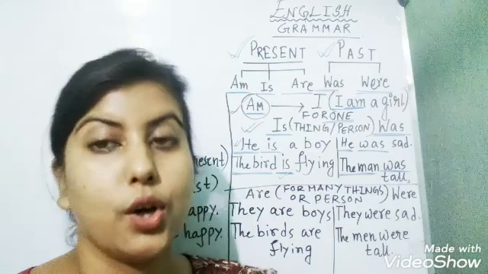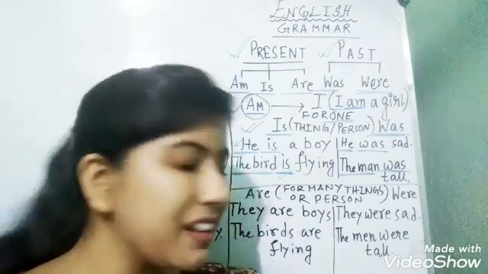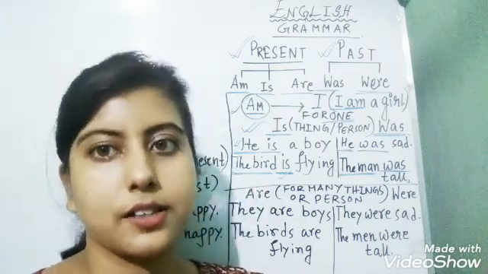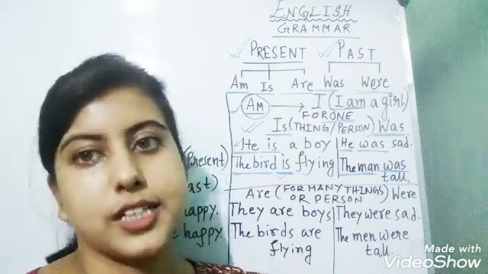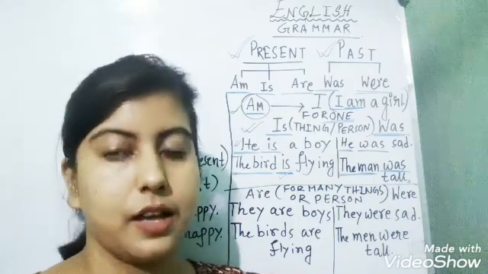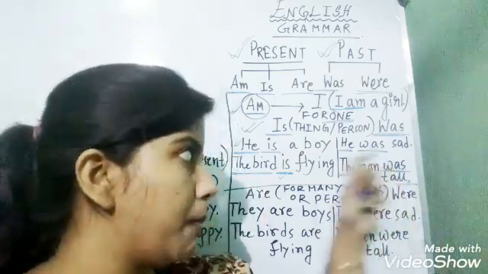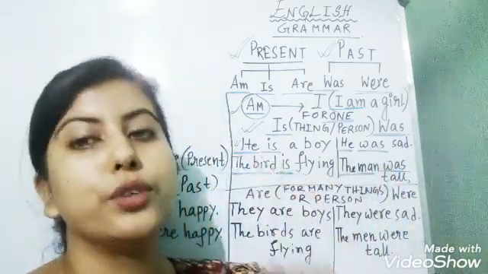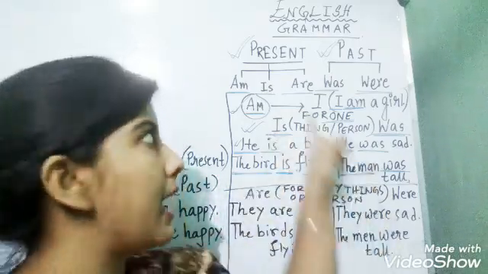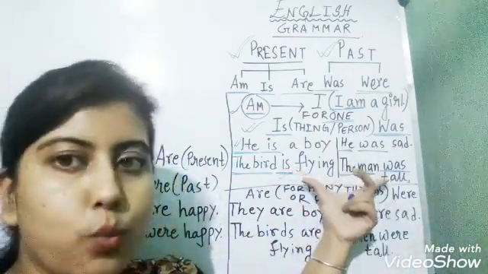That is wrong. For I, we will use am. And for the past tense, we will use was. I was upset, or I was not in my home. In these lines, I am talking about past tense, and here the subject is I, so I will use was. But in the case of present tense, we will not use is for I. We will use am.